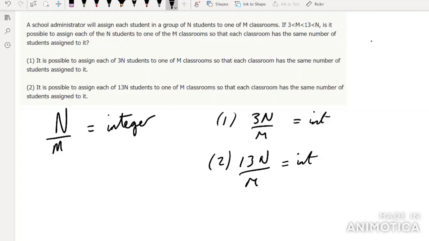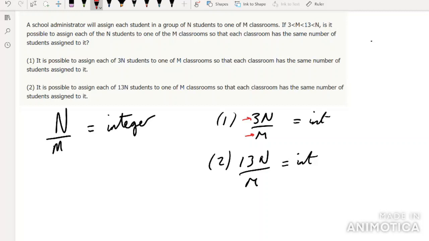So to know whether n over m is an integer, we ask: could there be a 3 in m that is being dealt with by this 3 that otherwise wouldn't be dealt with by the n, if that makes sense.